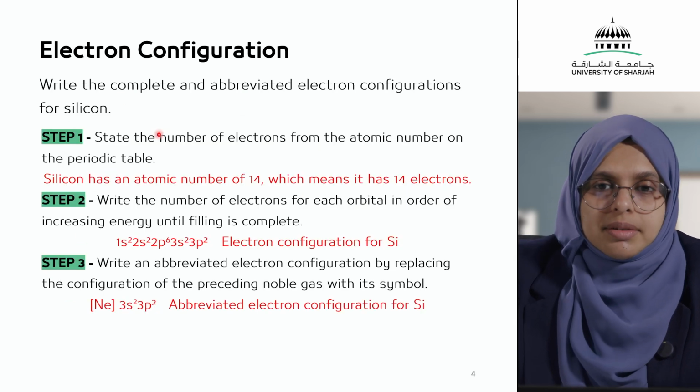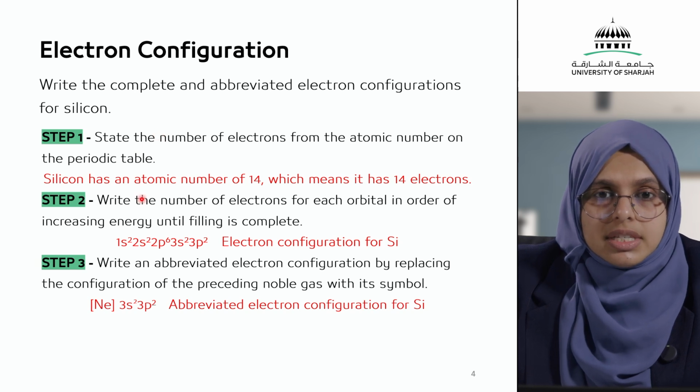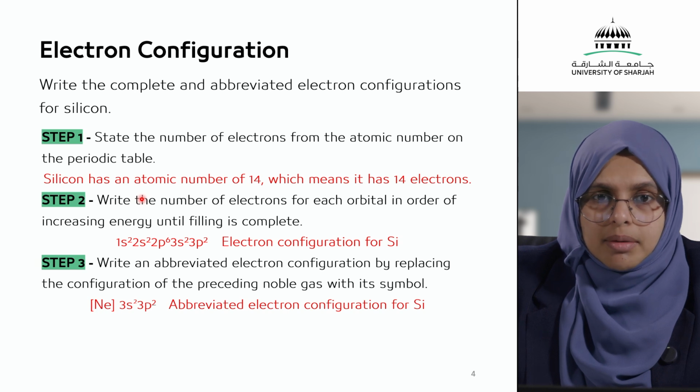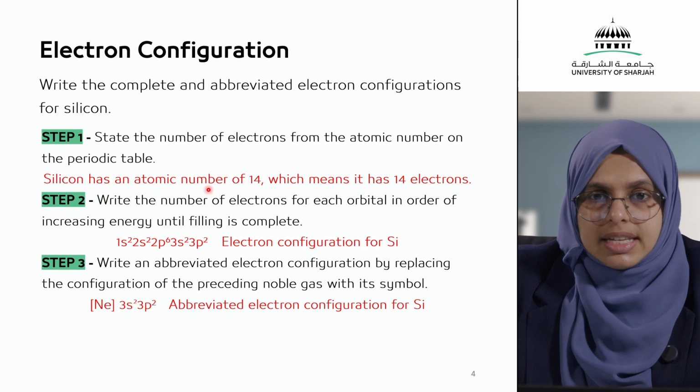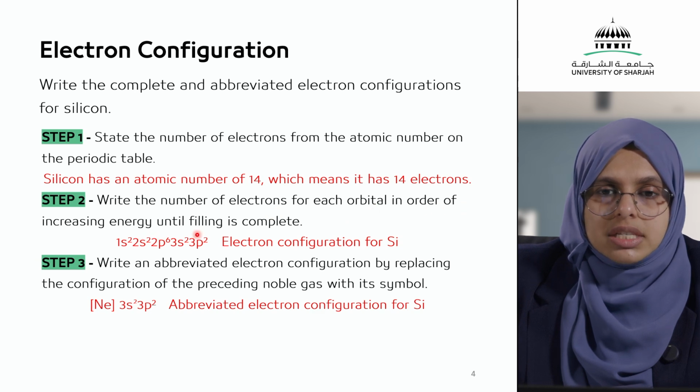If you want to write the complete and abbreviated electronic configurations for silicon, step 1 is to state the number of electrons from the atomic number on the periodic table. Silicon has an atomic number of 14, which means it has 14 electrons. Step 2, write the number of electrons for each orbital in order of increasing energy until filling is complete.